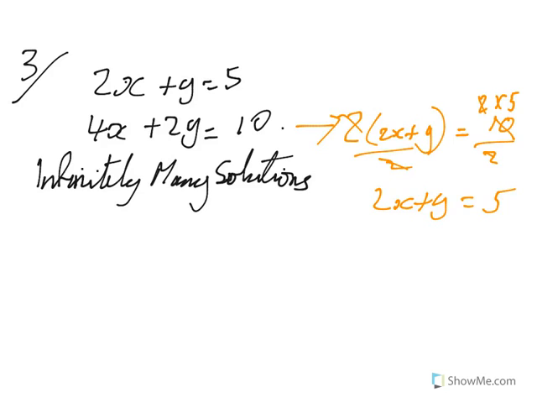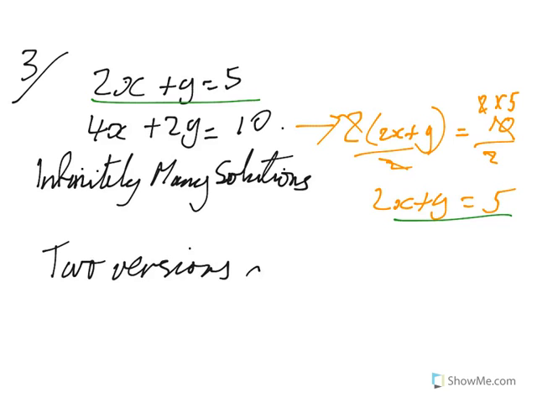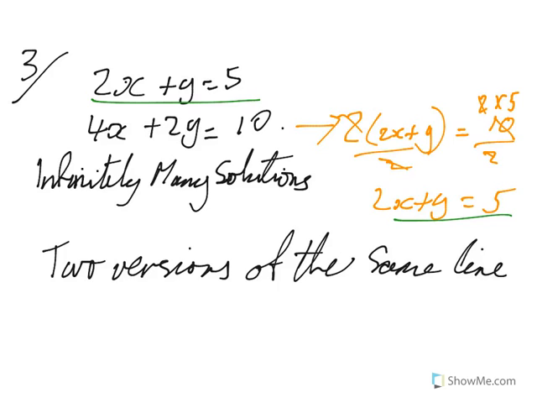So infinitely many solutions, as you can see there, once I've done that cancelling out, I end up with the same equation. What that means is that we've got two versions of the same line. So we've got one line like this, and then the other line right over the top of it, like that.